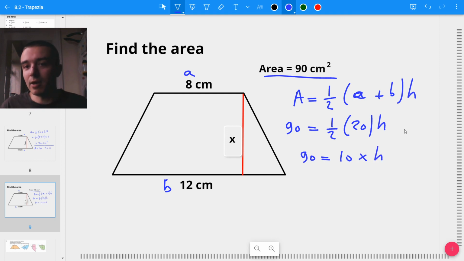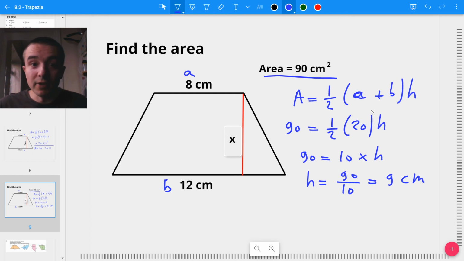Take a moment and think how to find the height from this. Well, the height is equal to 90 divided by 10, which is 9 centimeters, because it's a length. And you can verify that a half of 8 plus 12 times 9 gives you 90 centimeters squared.